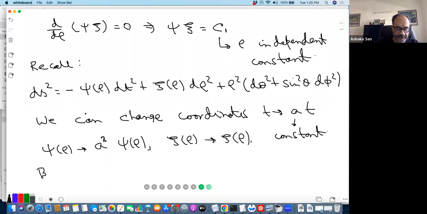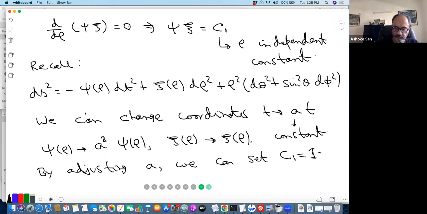So by adjusting A, we can set it. Another way of saying this is we can keep C1 if we want, okay, but effectively that sets the scale of the time coordinate.